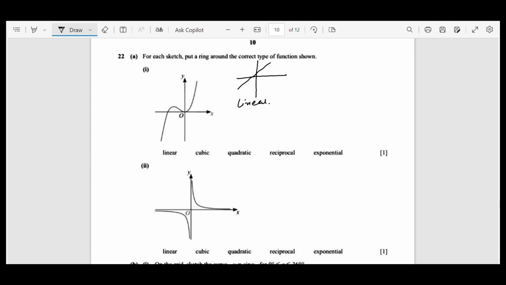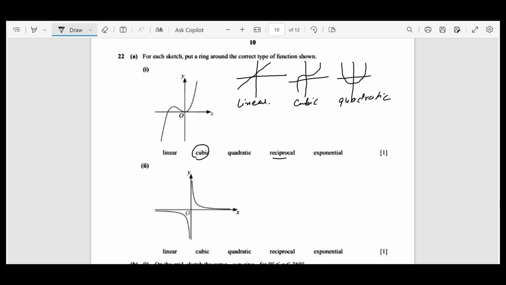For cubic, the graph should be like this way. So this is the cubic graph, so we can ring it, it is a cubic graph. For quadratic, it is a parabola graph, that is a U-shaped graph, right? This is for quadratic.